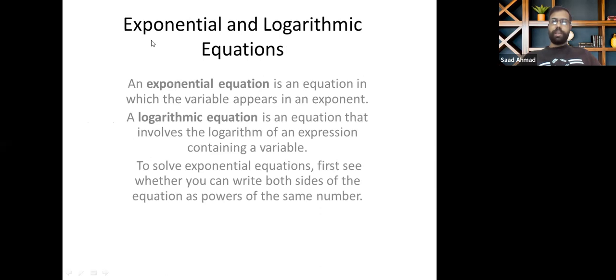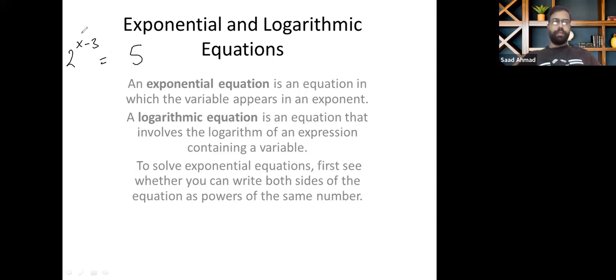Okay, so what is an exponential and logarithmic equation? An exponential equation is an equation in which the variable appears in an exponent. Like the variable is in the exponent, that's 2 to the power x. The variable is an exponent, 2 to the power x minus 3 equals, let's say, 5. That's an exponential equation.